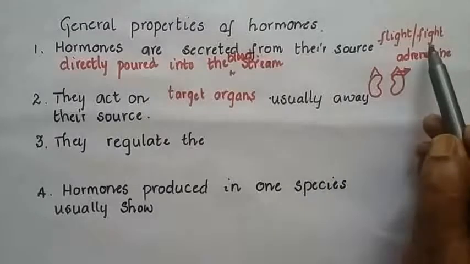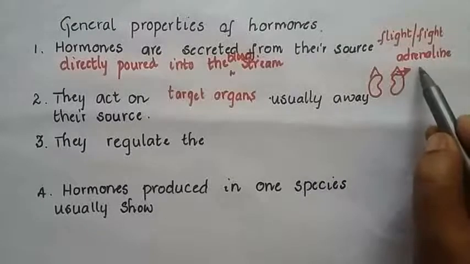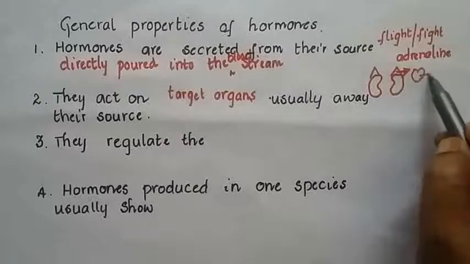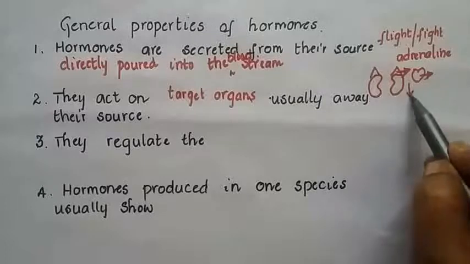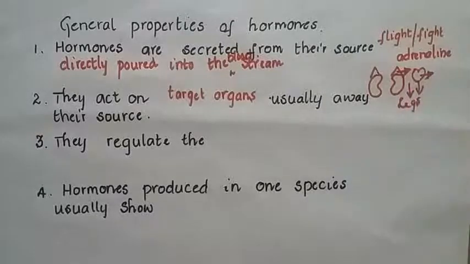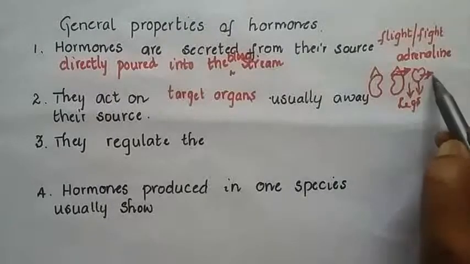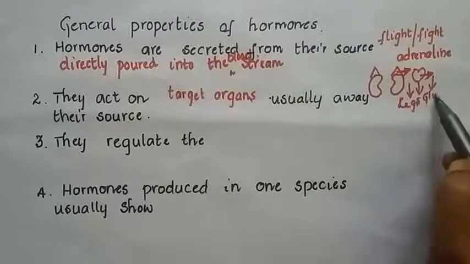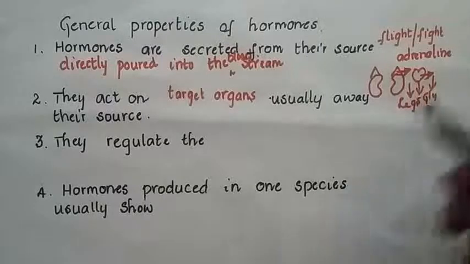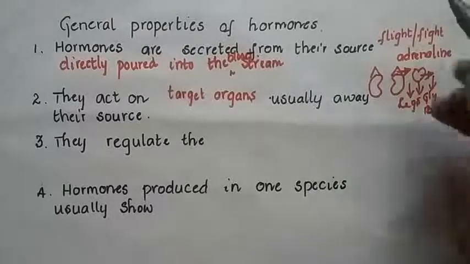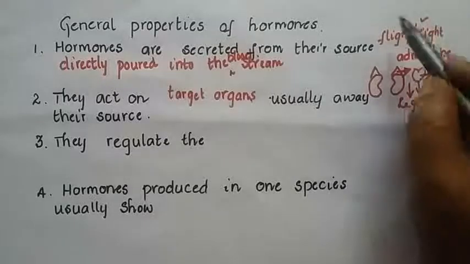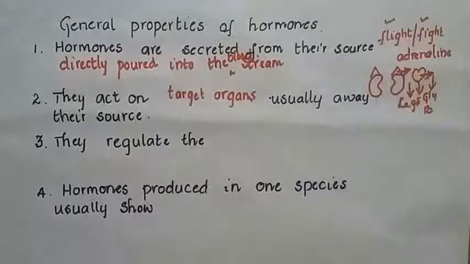So in that situation, what should happen? Your heartbeat increases. So more blood is supplied to your legs so that you can run away from the situation, right? From the liver, more glucose is released into the bloodstream so that your cells will undergo cellular respiration to provide you the energy to fight with the situation or run away from it.